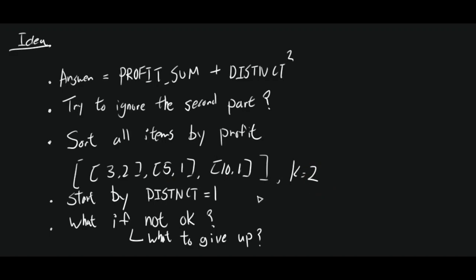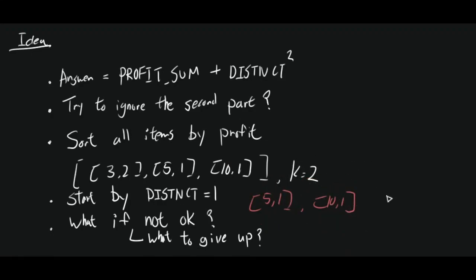So after doing that, we will have picked 5,1 and 10,1, something like this. At this point, what do we know? We know for sure that if we don't care about the category, this will be the best that we can get.